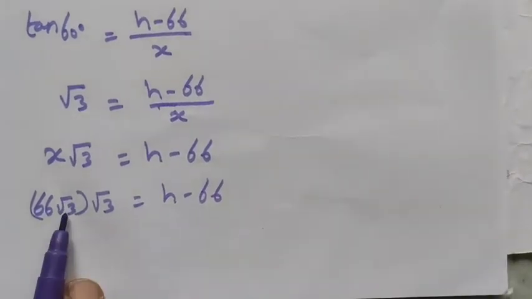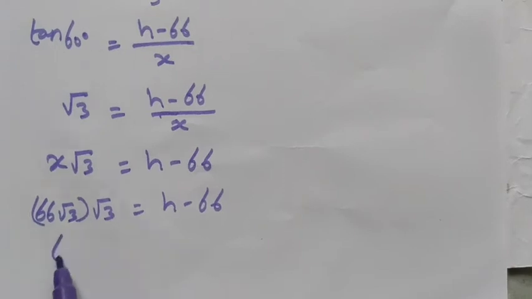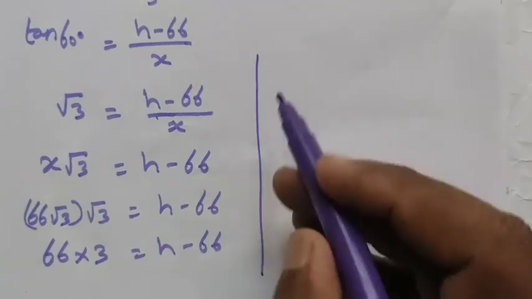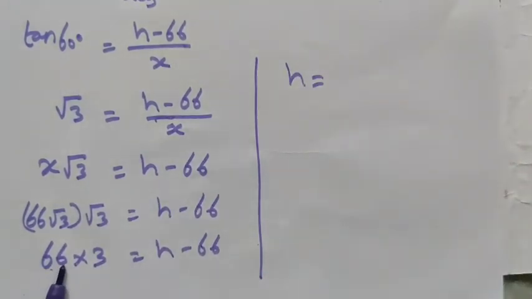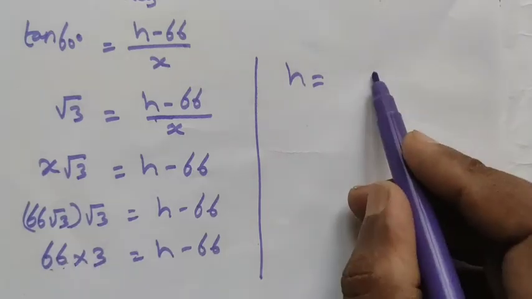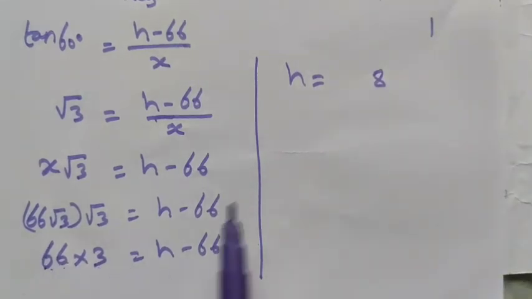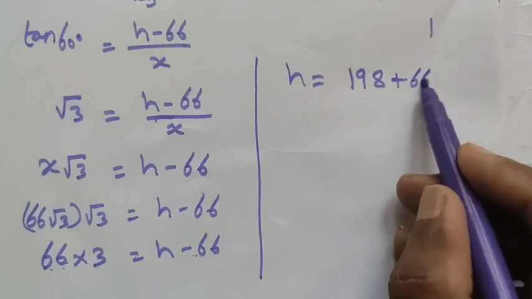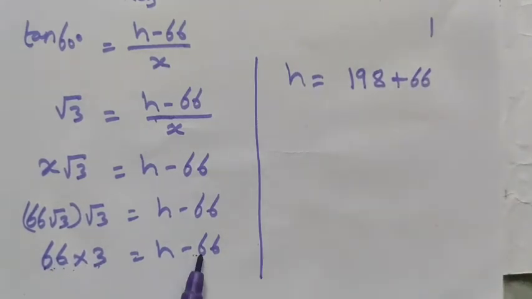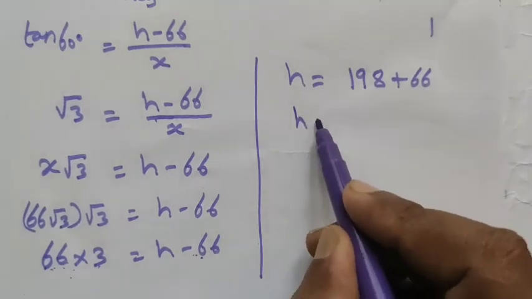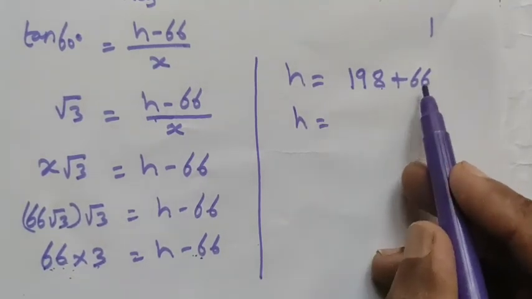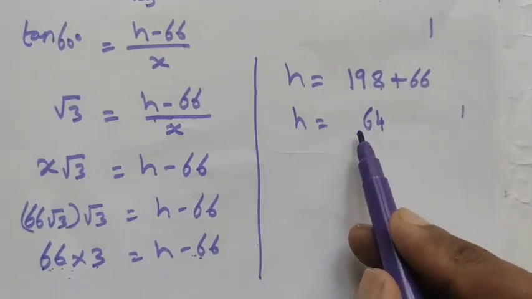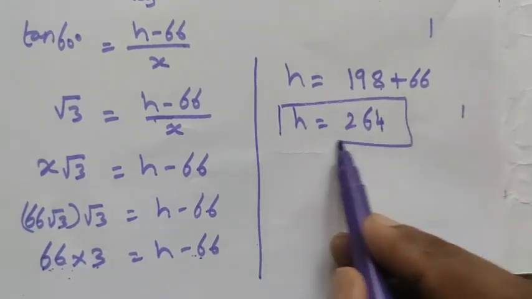Root 3 into root 3 is 3, so 66 into 3 is equal to H minus 66. 66 into 3 is 198. Taking 66 to the other side, we get plus 66. So H is equal to 198 plus 66, which gives the height as 264 meters.